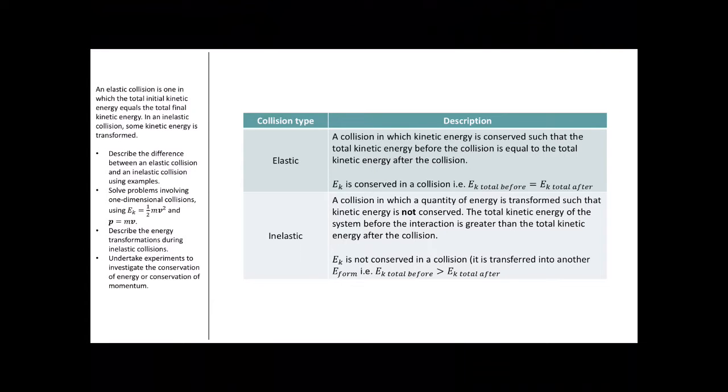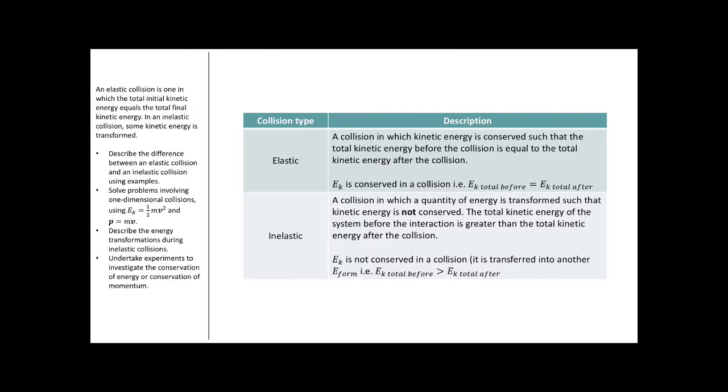So, an elastic collision is one in which the total initial kinetic energy equals the total final kinetic energy. In an inelastic collision, some kinetic energy is transformed. In Stage 2 physics, you're expected to be able to describe the difference between an elastic collision and an inelastic collision using examples.